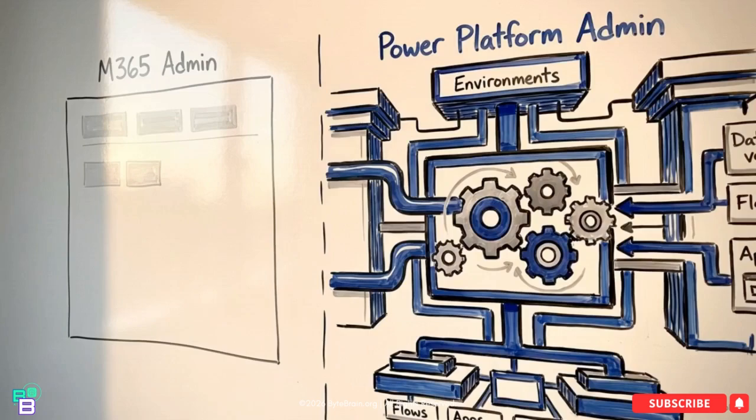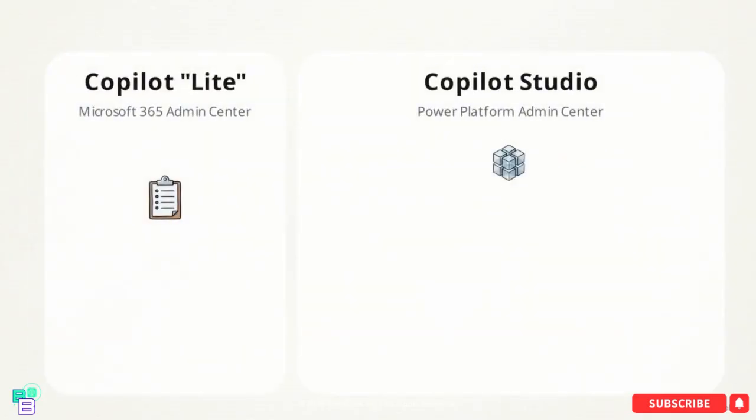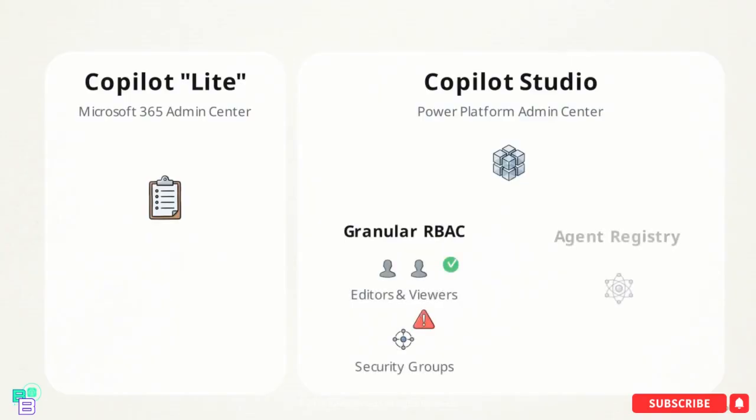This shifts administrative control out of the standard Microsoft 365 Admin Center and into the Power Platform Admin Center. This matrix details Full's governance levers. Admins govern specific editor and viewer assignments, mandating sharing with individuals over sweeping security groups.